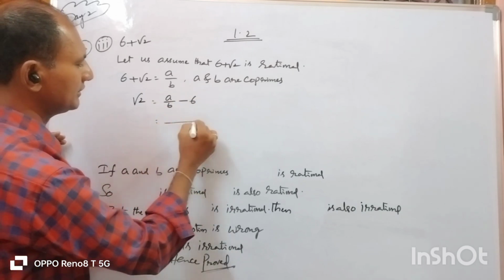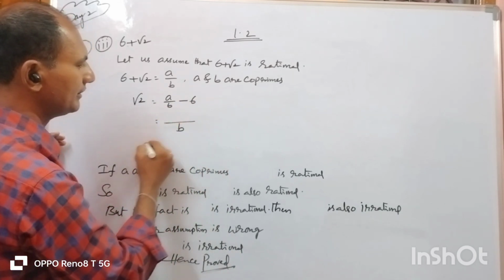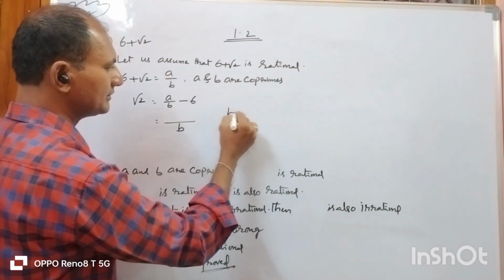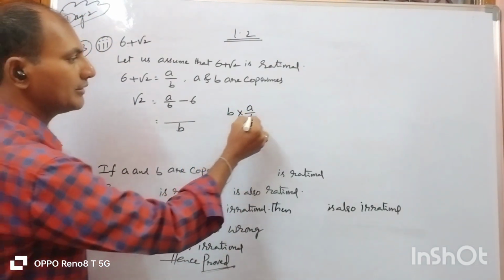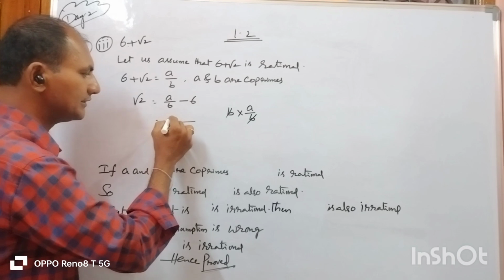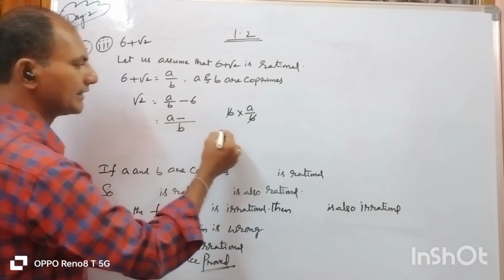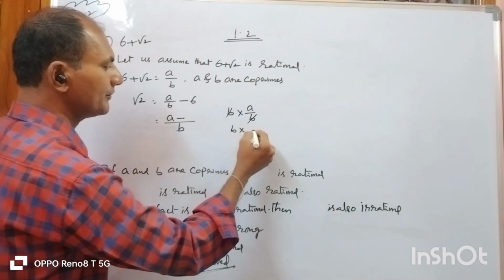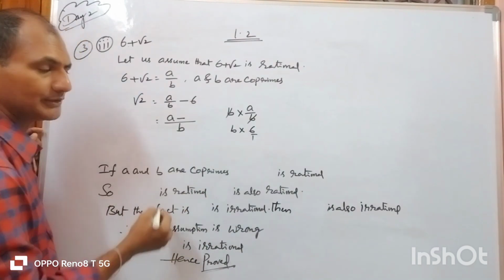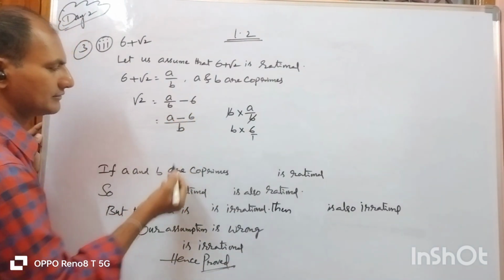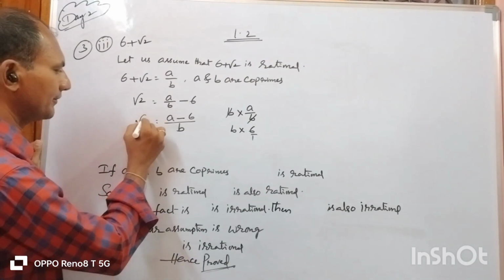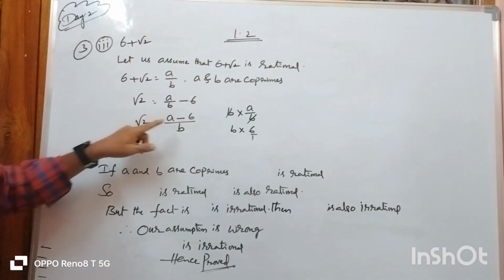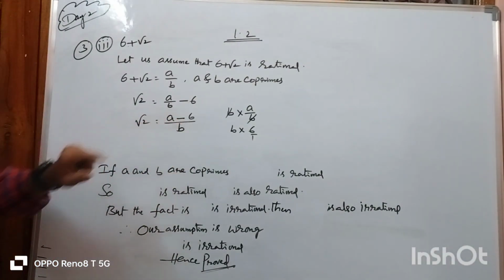The LCM is b. So b into a by b, b gets cancelled, so this is a, minus b into 6 by 1, which is 6b. We cannot simplify further. So root 2 equals a minus 6b by b.